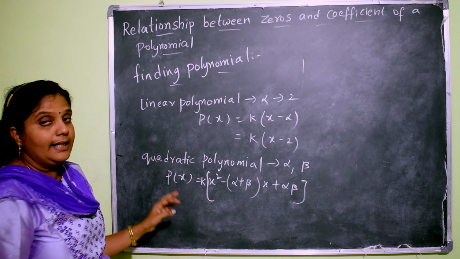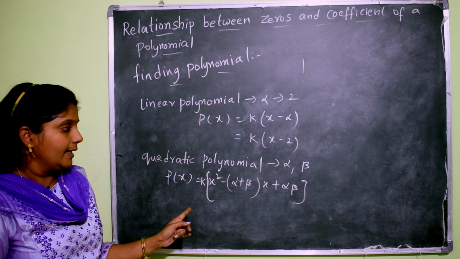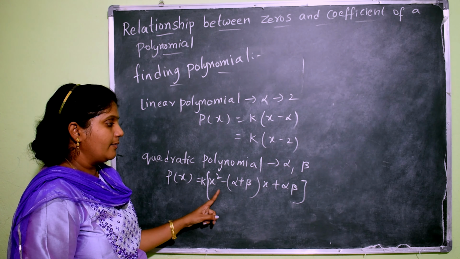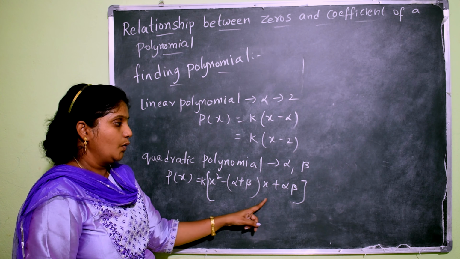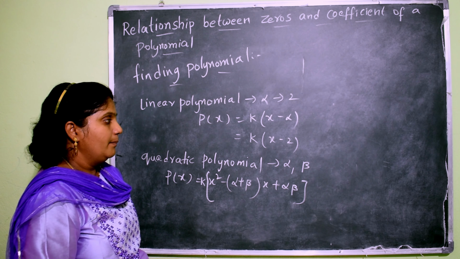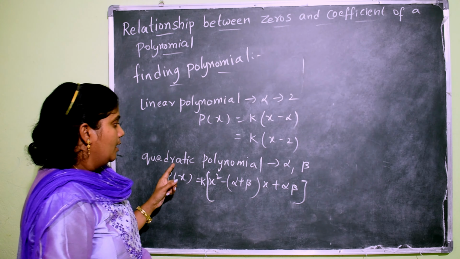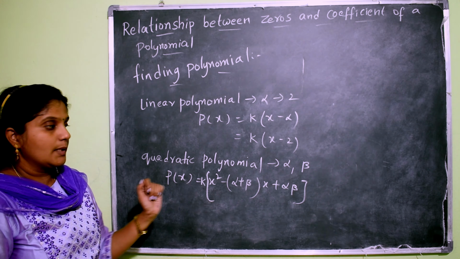Why we are writing k, we will understand in the later sections. So if alpha beta are known, we can find the polynomial by using this expression.